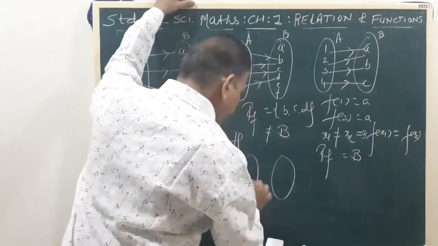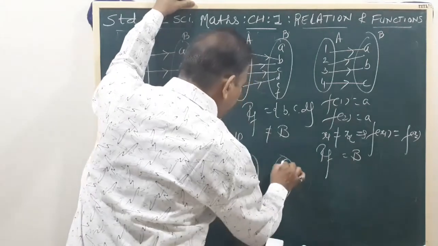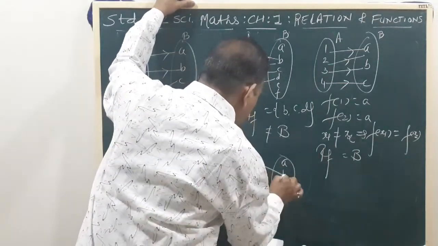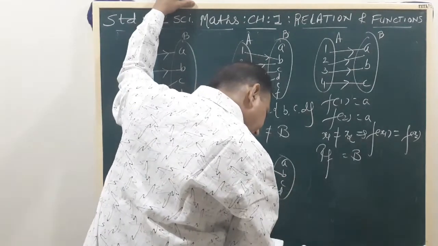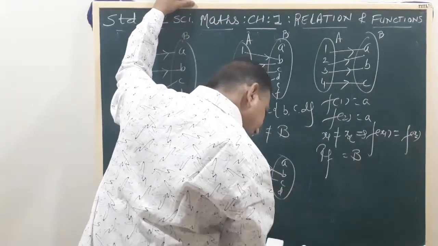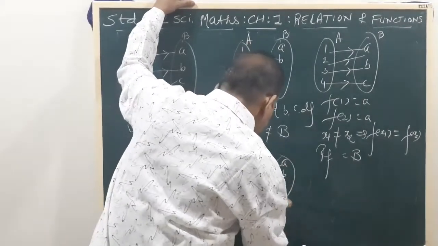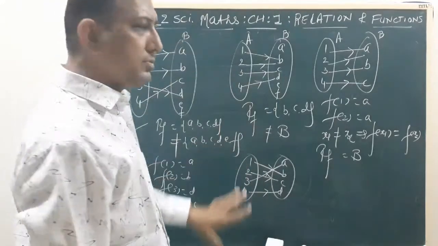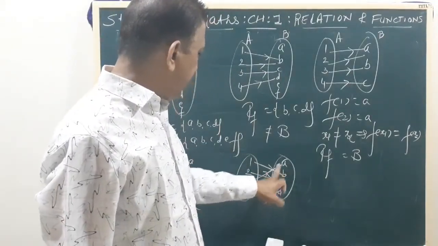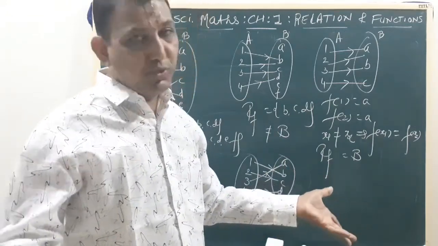Draw the Venn diagram. The Venn diagram is very important. 1, 2, 3, 4. A, B, C, D. 1 relates to B, 2 relates to C, 3 relates to A, 4 relates to D. Look here: F1 answer B, F2 answer C, F3 answer A, F4 answer D. Different value, different answer. That means one-one.